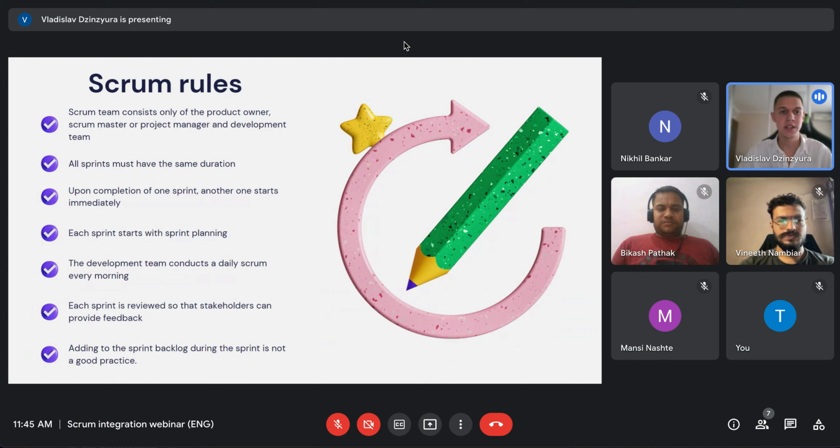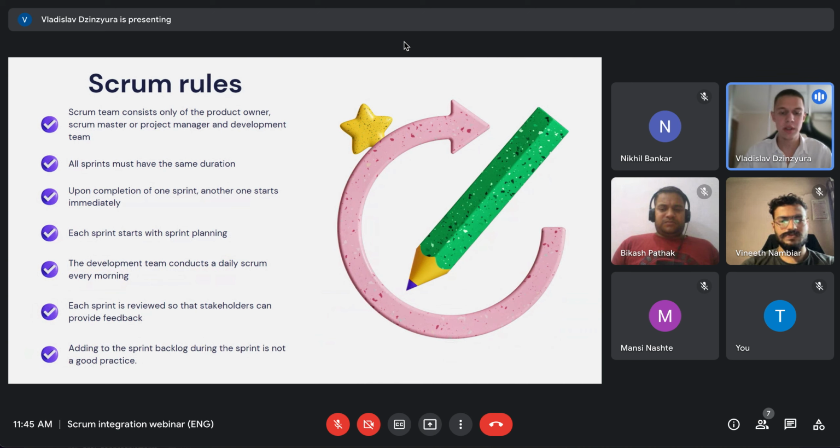So if we discuss and decide that we want a 2 weeks sprint, it must be always 2 weeks. So for example, first sprint it's 2 weeks, and then second one also 2 weeks, and so on. So upon completion of one sprint, another one starts immediately.